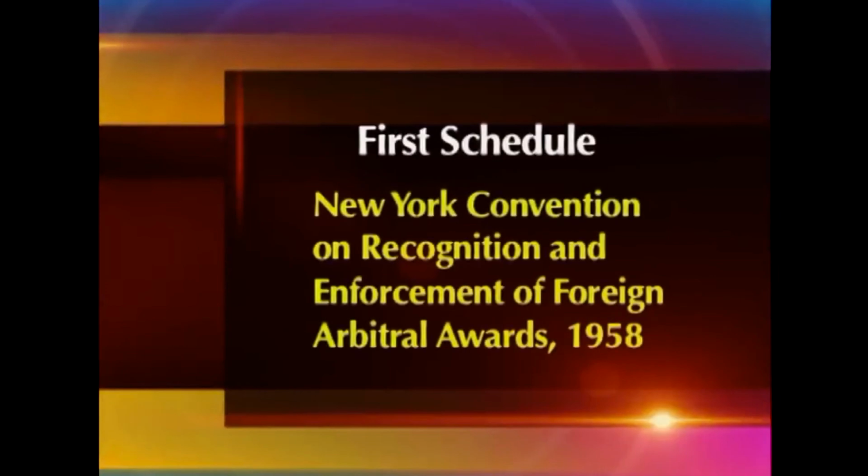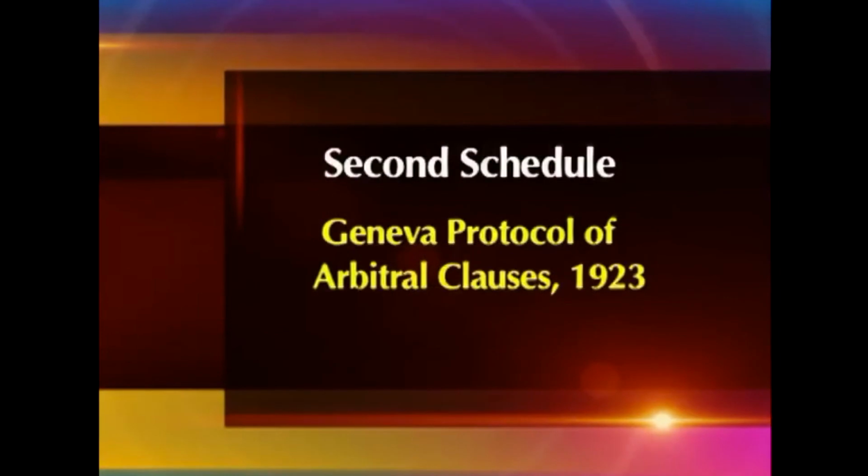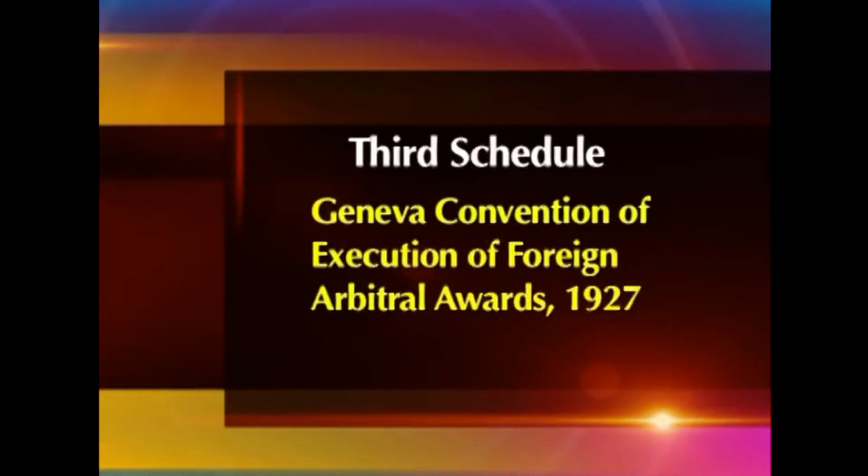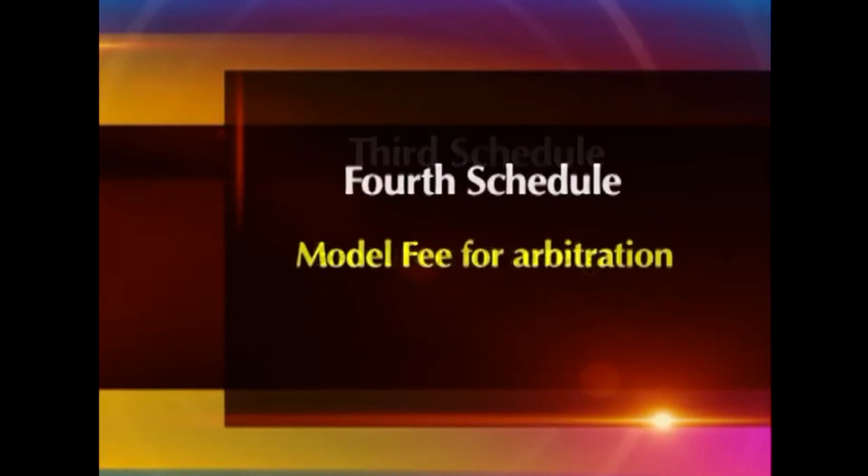The first schedule reproduces the provisions of the New York Convention on Recognition and Enforcement of Foreign Arbitral Awards 1958. The second schedule contains provisions of the Geneva Protocol of Arbitral Clauses 1923, and the third schedule contains provisions of the Geneva Convention of Execution of Foreign Arbitral Awards 1927. The fourth schedule contains model fee for arbitration.